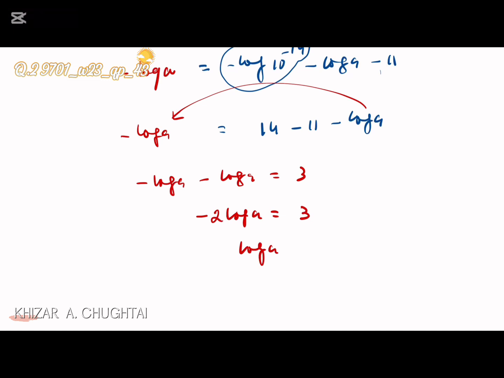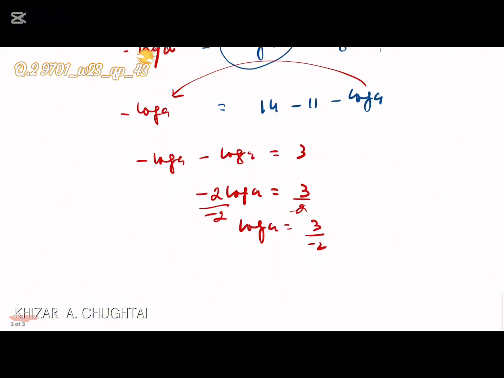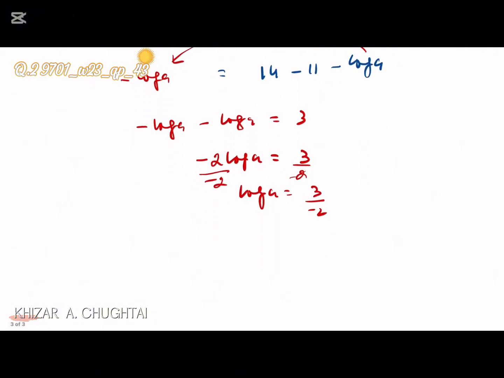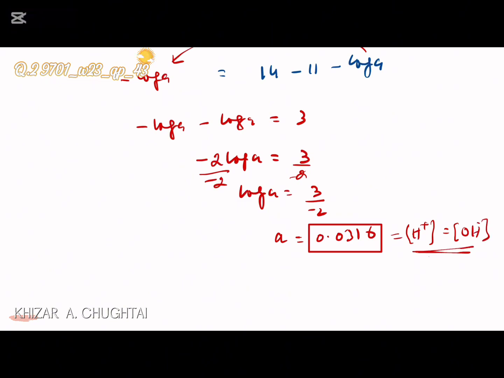Log A is equal to 3 by minus 2, I mean, divide by minus 2 on both sides. And finally, after taking antilog, A is equal to 0.0316. So this is the concentration of H positive ion, and similarly that is the concentration of OH negative ion.